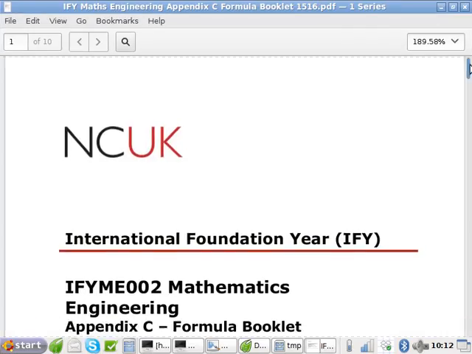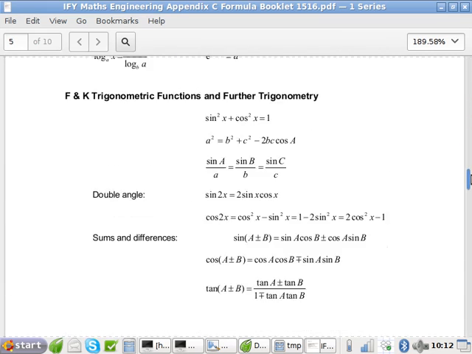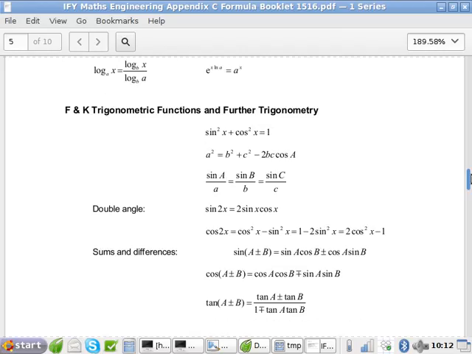Let's have a look here. Right, so you got your algebra, you got your compound formulas there, and some double angles, but not the tan 2x.